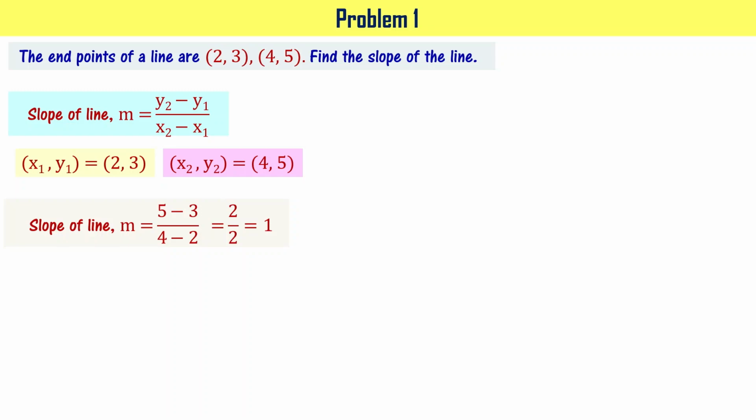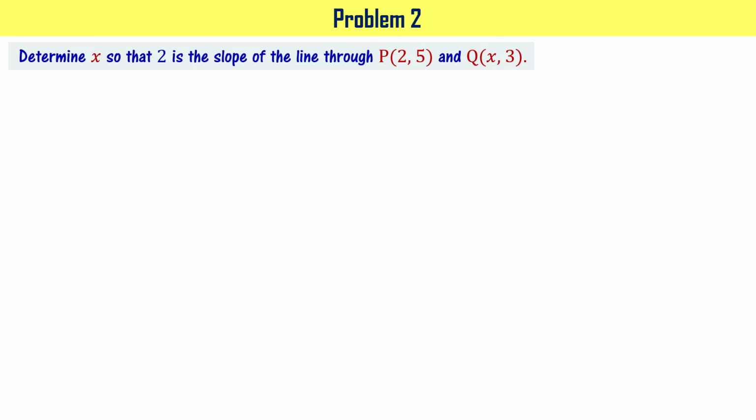Let's solve another problem, that is problem number 2. Determine x so that 2 is the slope of the line through points P, that is (2, 5), and Q, (x, 3), right? Slope of the line is given, that is 2.